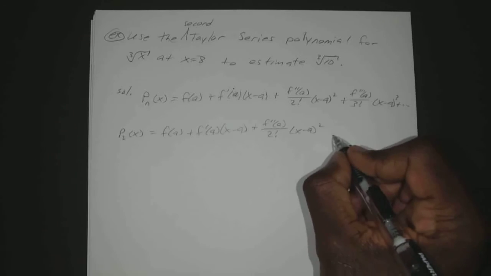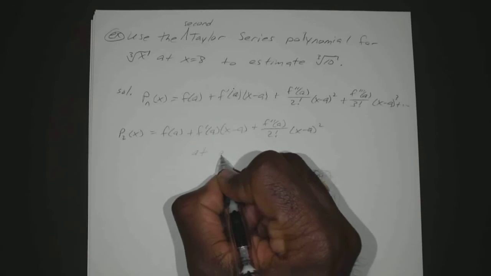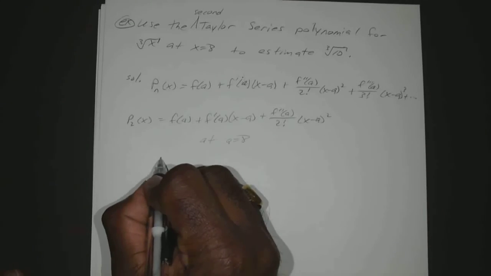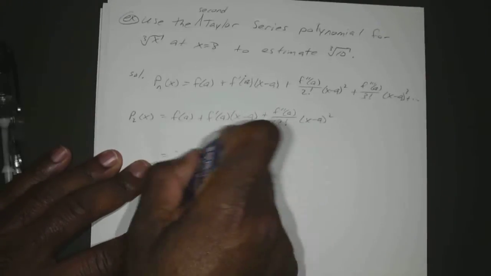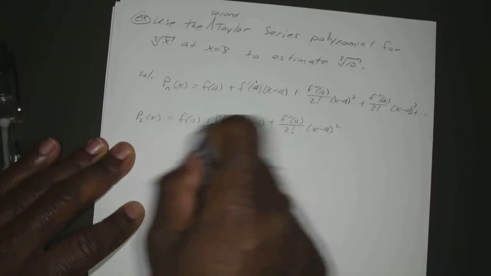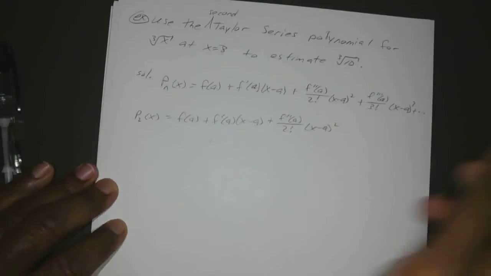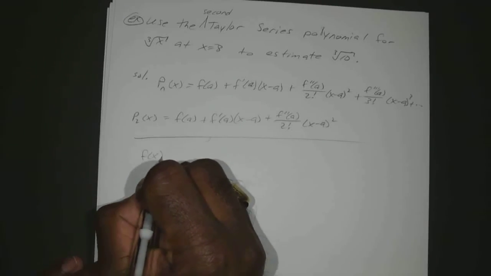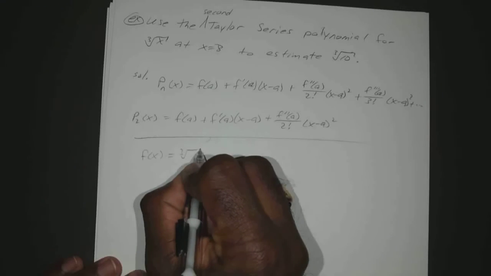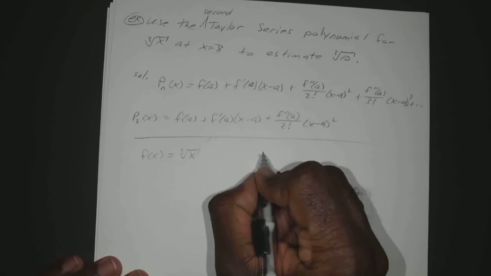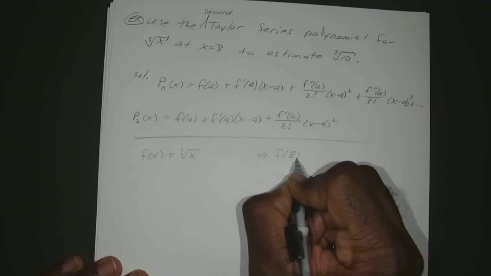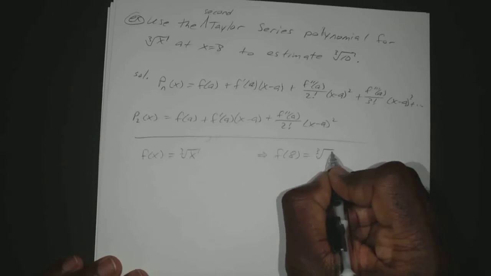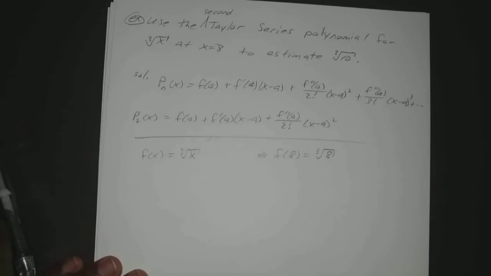And we know that a is equal to 8. Actually, I'll do that after we find all of those, so I won't have to rewrite it again. Okay, so we know that our f of x is cube root of x, which means our f of 8 is cube root of 8, which is 2.